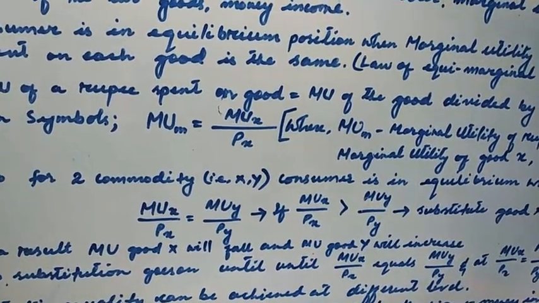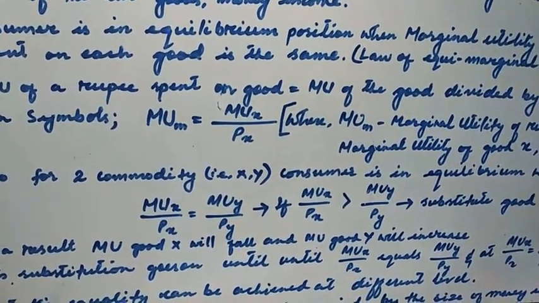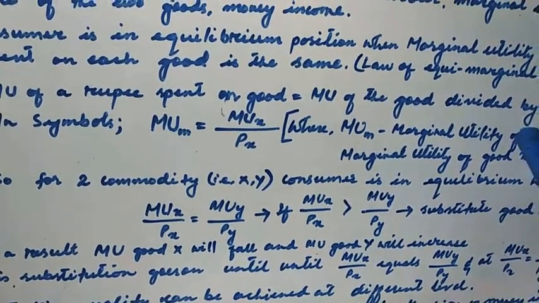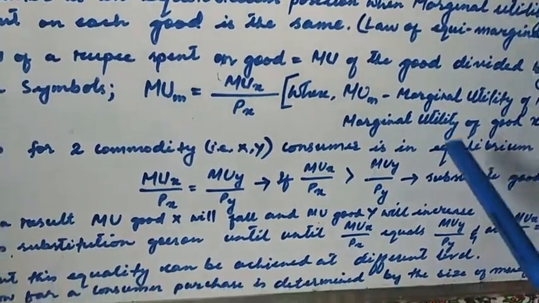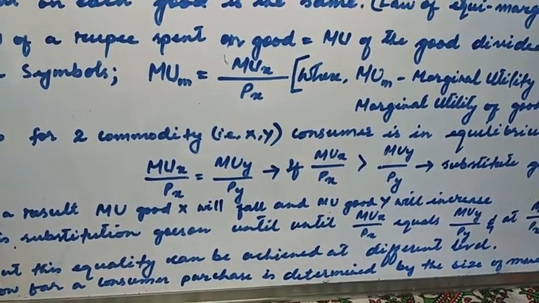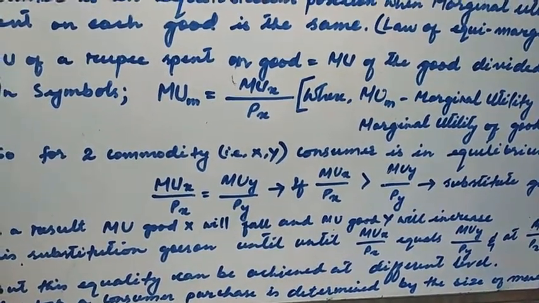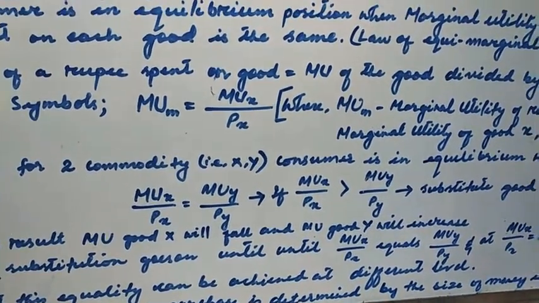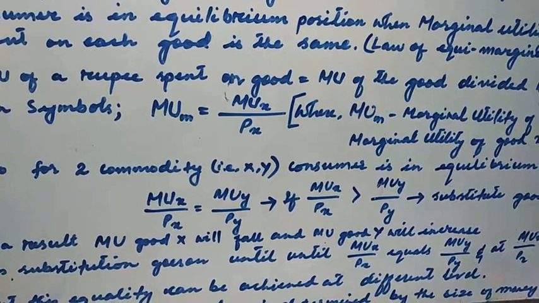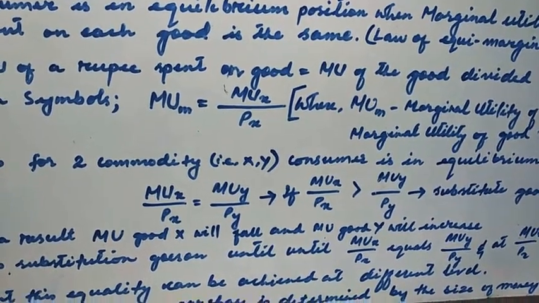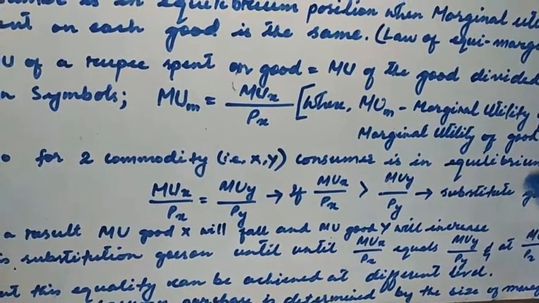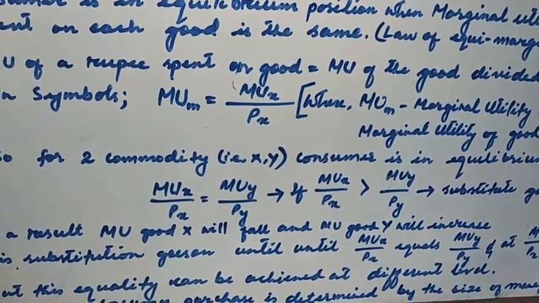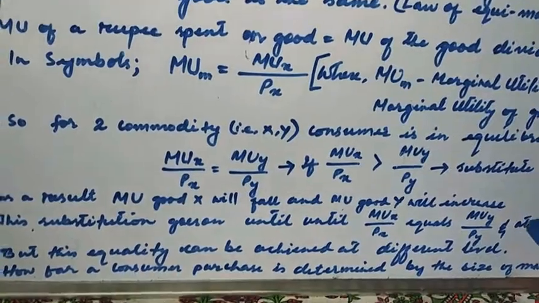So how far the consumer will go on purchasing the good that he wants is constrained or determined by his income. With a given money expenditure on a good, a consumer will derive some utility from it. Now the consumer will go on purchasing goods until the marginal utility of the last rupee spent on each good is equal, and he has fully spent his money income.